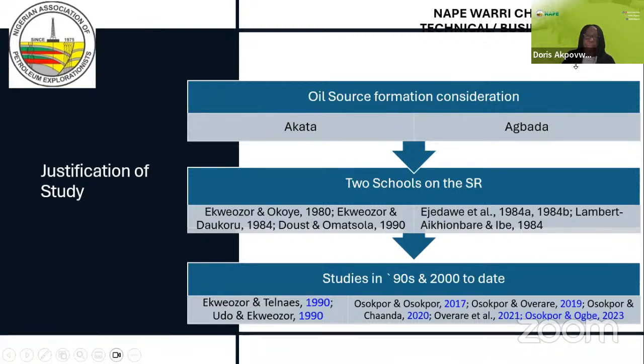Yeah. So all of these, they have looked at the source rock, and then the arguments have been raging. The Akata Formation has been reported to be overpressured by some authors, and because of that, the school of thought who believes that the Akata is the sole source rock of the Niger Delta believe that if it has produced hydrocarbon, there's no way hydrocarbon could have migrated from that area because the conduits are closed by pressure at depth.